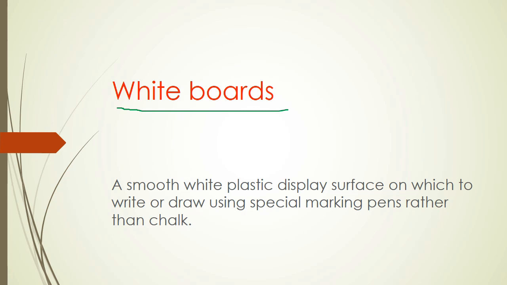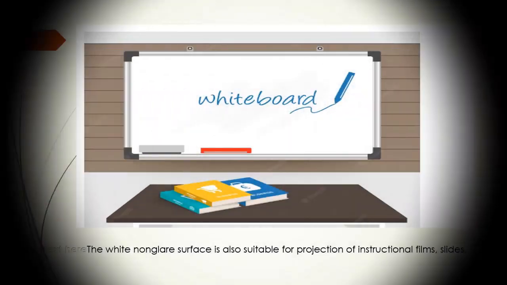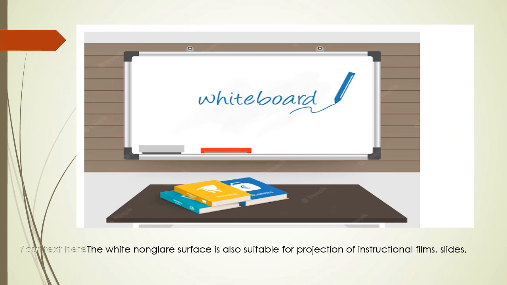Remember, with the chalkboards we normally use chalk, but with the whiteboards we use special marking pens and not chalk. Here's an example of a whiteboard, and as you can see, it's a white plastic surface. The white non-glare surface is also suitable for projection of instructional films or slides.